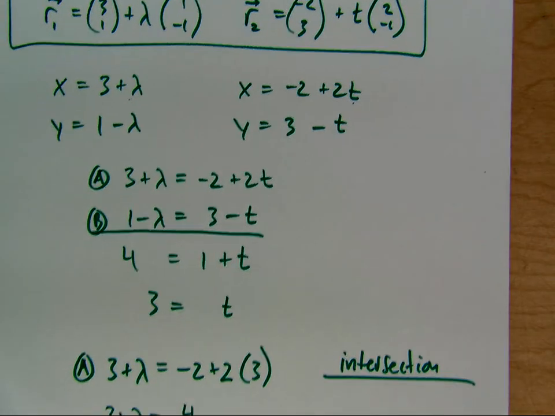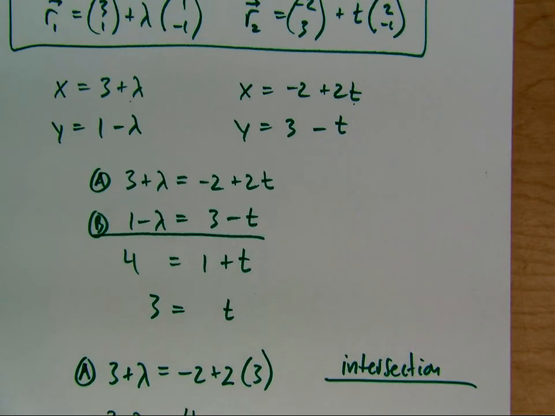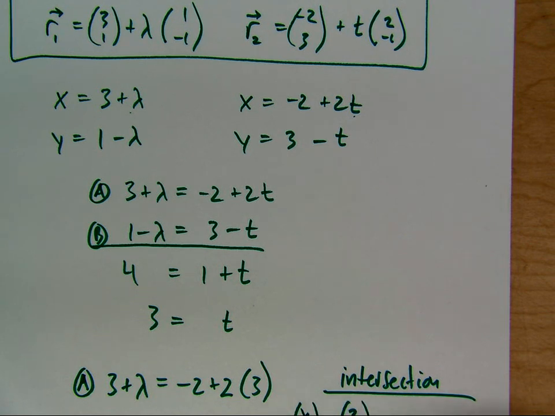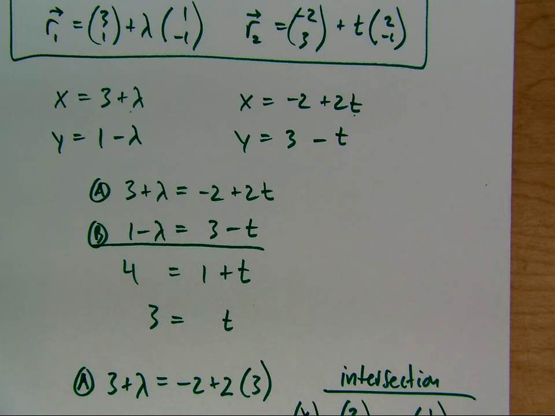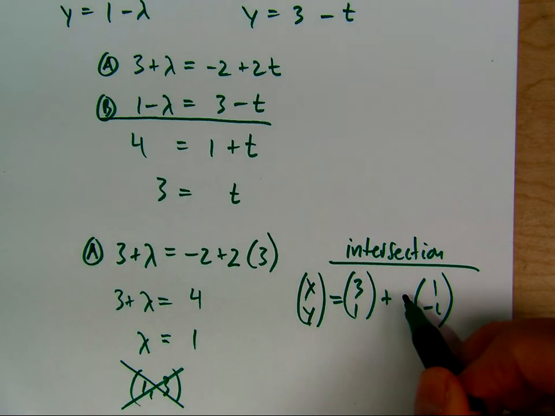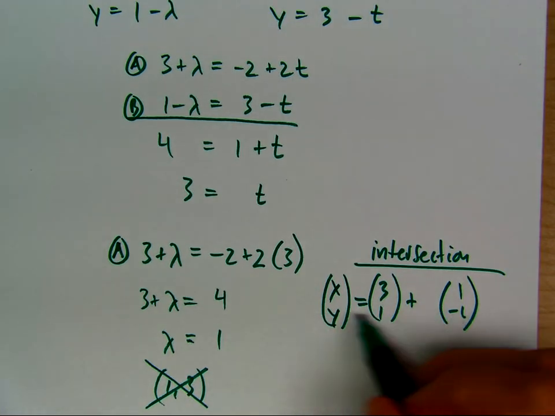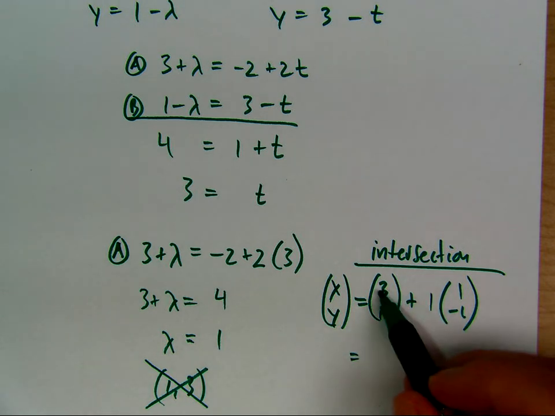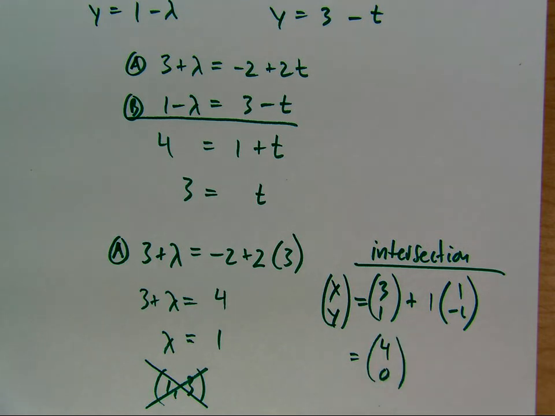So we have x, y equals 3, 1 plus lambda 1, negative 1. Lambda is 1. So I'm copying the first vector equation and I'm putting in a 1, and that's going to be 3 plus 1 is 4. 1 minus 1 is 0. We did that with the first vector equation.